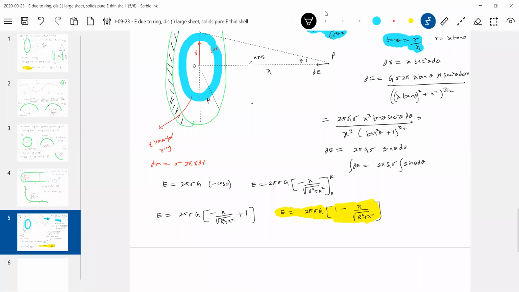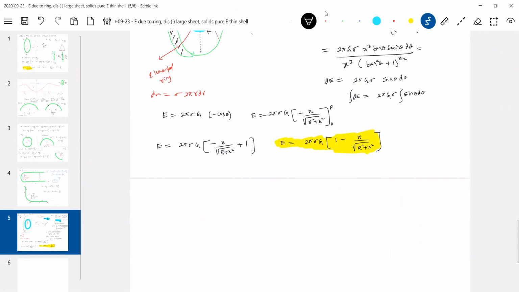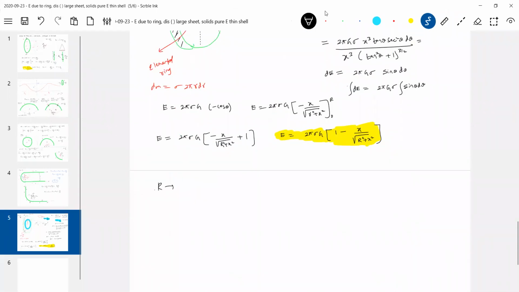For R equal to infinity, let me go to the next page. As R tends to infinity, E will become how much? 2 pi. Anything added to infinity will be infinity, root of infinity will be infinity, 1 by infinity will be 0.